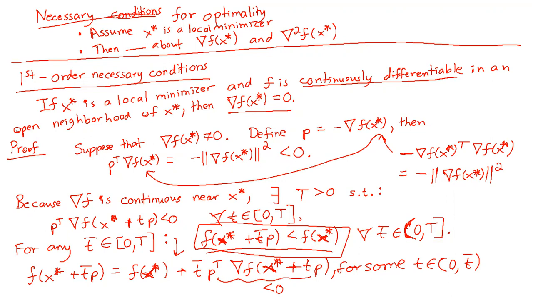So this is the contradiction, and it means that it cannot be true that del f of x star is not 0 at a minimum. It must be true the other way. So that is the proof for the first order necessary condition for optimality, which, if you have to summarize it, is basically that if you have a continuously differentiable objective function, at the local minimum the gradient vector is equal to 0. So that's first order necessary.